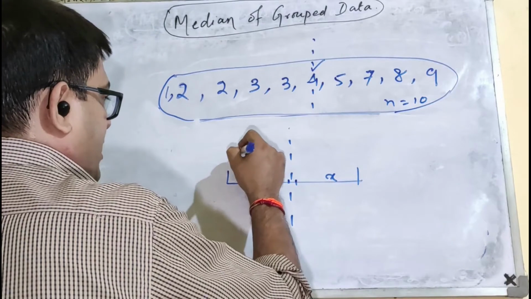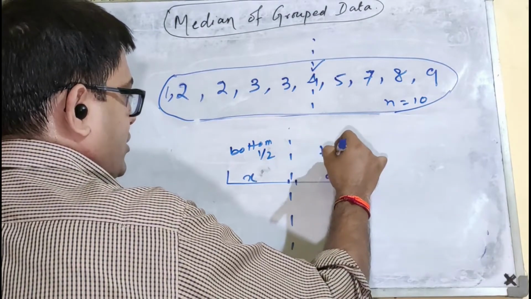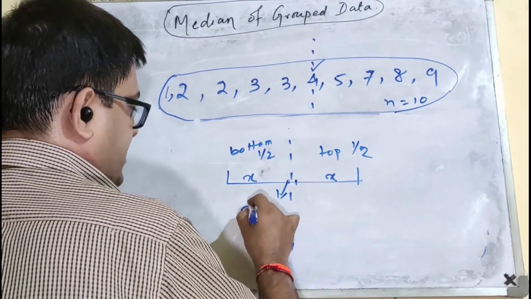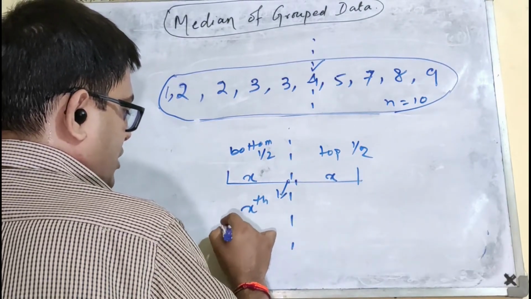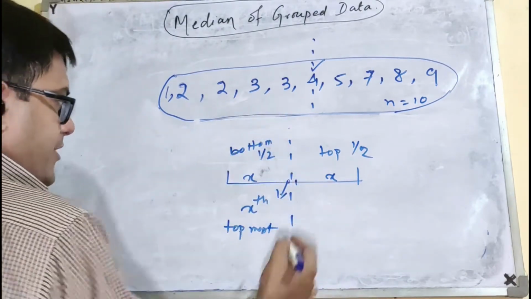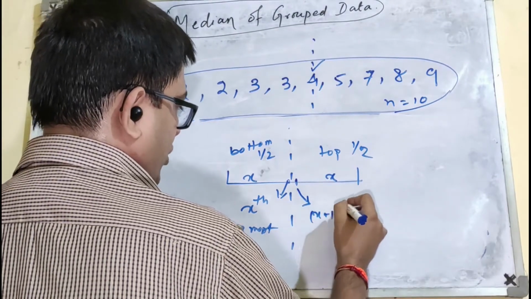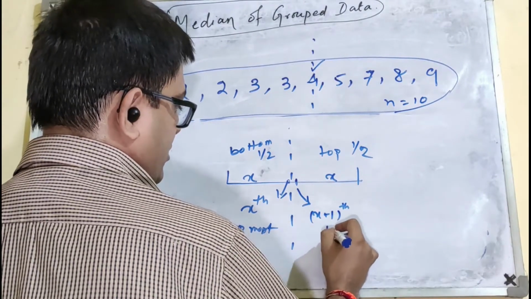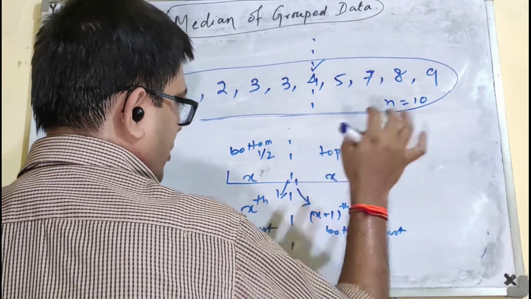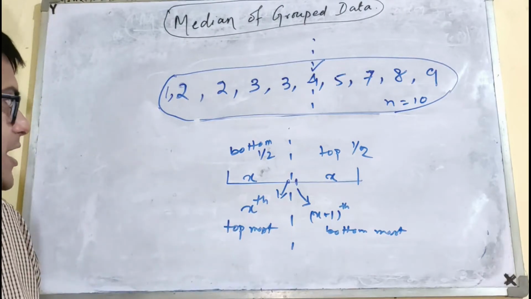This is the bottom half, this is the top half. So you have to average them out. That is actually very easy.